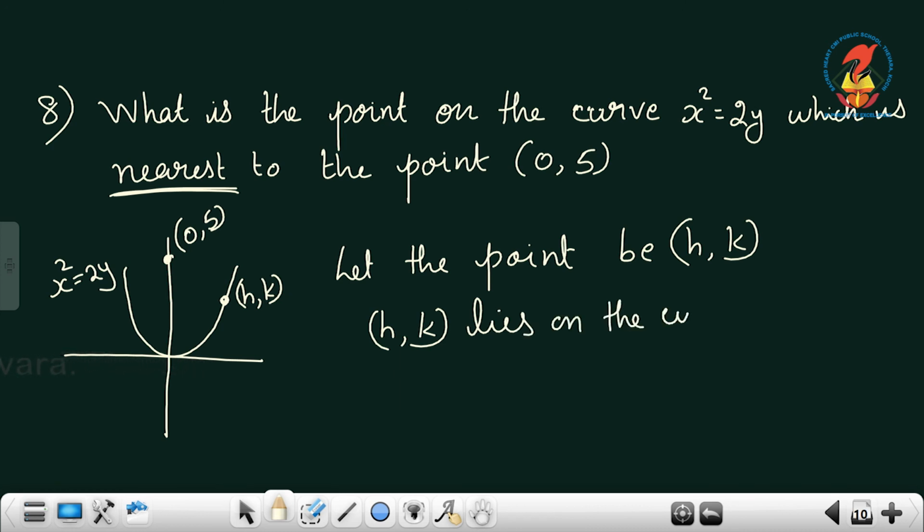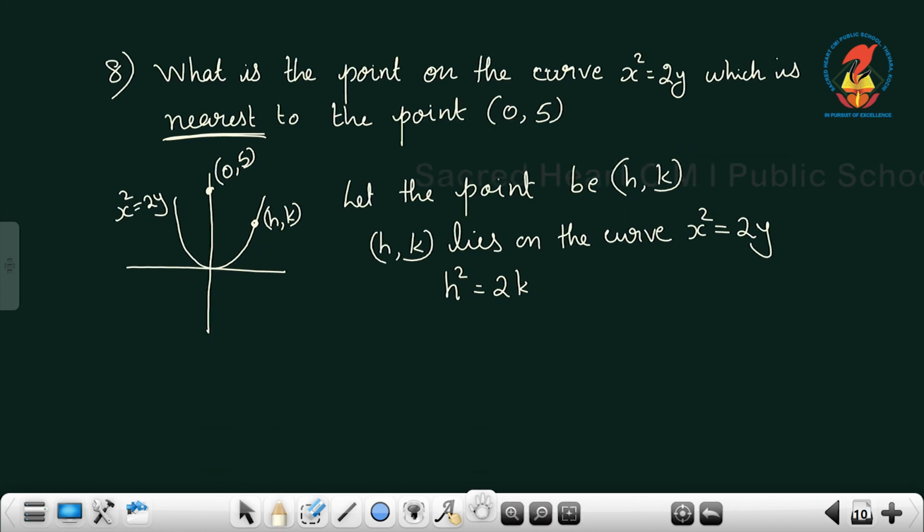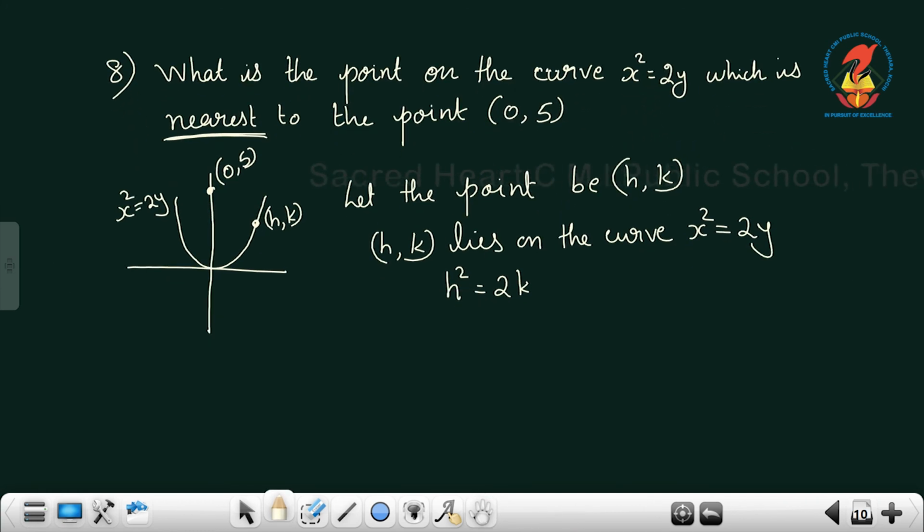Which curve? X square equal to 2y. So I can write h square is equal to 2k. Substitute for x and y. Now our function is the distance between the points.